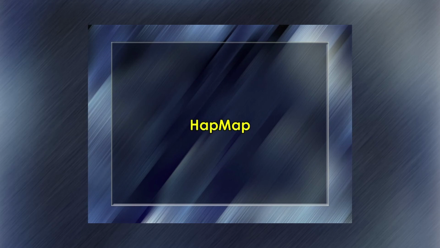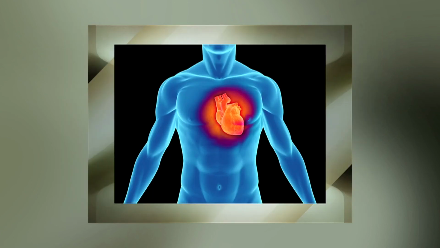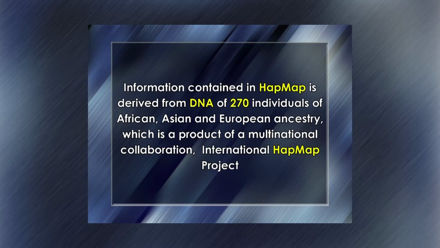Next comes HapMap. The HapMap is a catalog of common genetic variants available in the public domain, developed to help researchers identify genes associated with human diseases. The information contained in the HapMap is derived from the DNA of 270 individuals of African, Asian and European ancestry, which is the product of a multinational collaboration, that is, the International HapMap project.